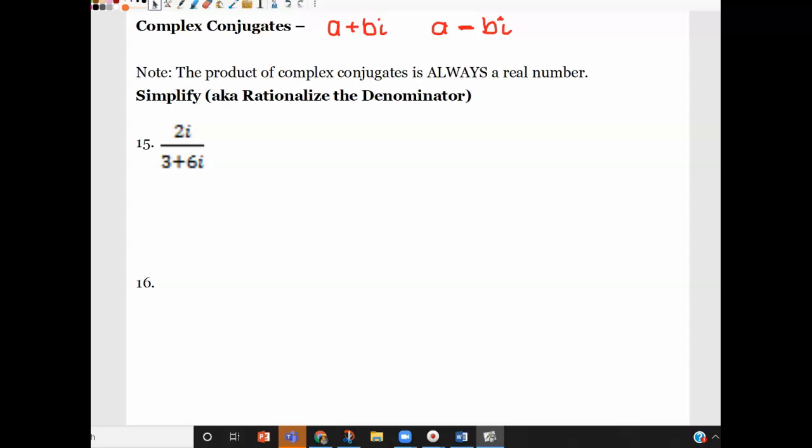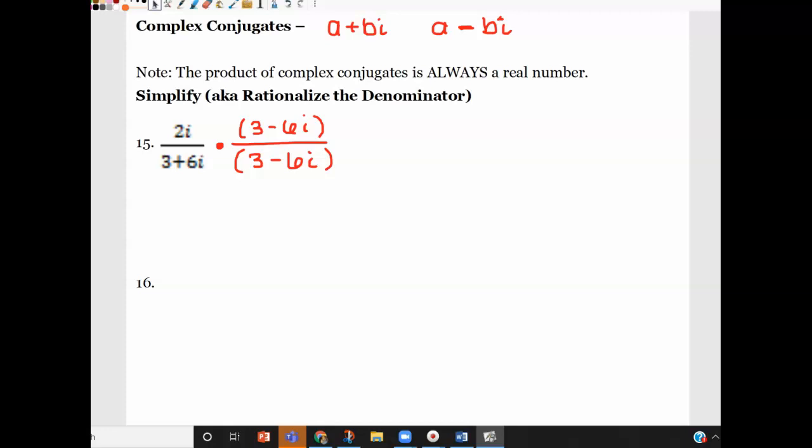So we do not like to have denominators that have i's in them. So what we need to do, in examples like 11 and 12, is multiply by the complex conjugate of the denominator on top and bottom so that my denominator no longer has an i.